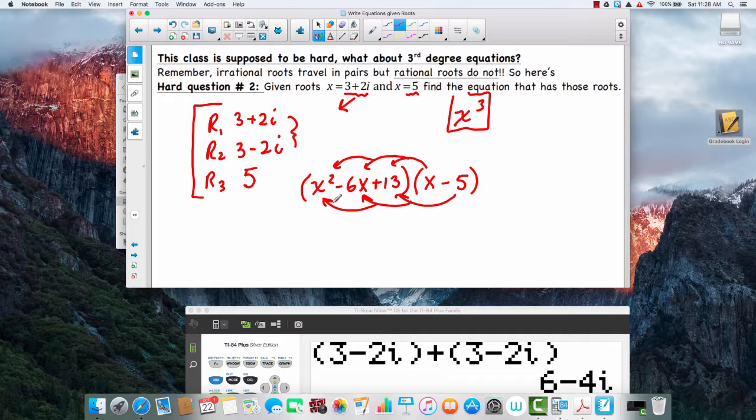Okay, so I have a little cheat sheet here, and I know that the answer is going to look like this. When you do the distribution, this is what you should get. And I'll go full screen, sorry about that.